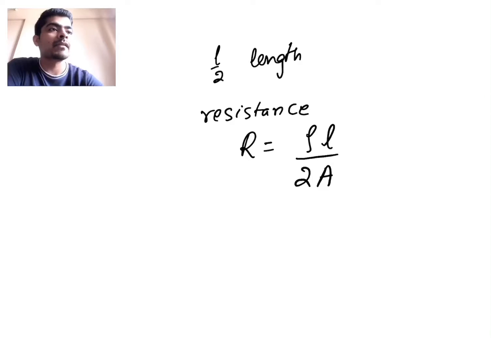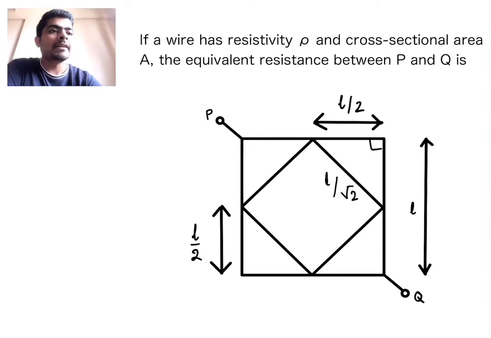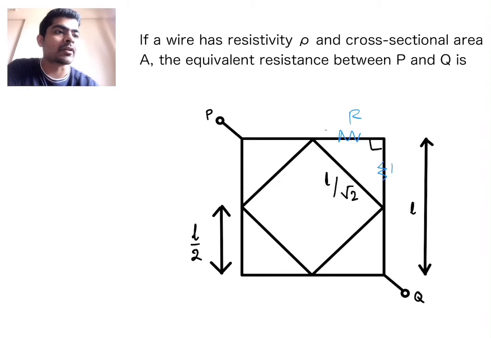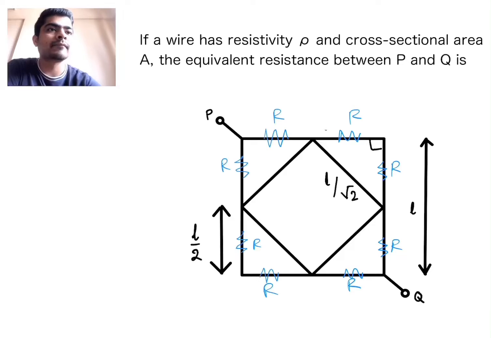Then I can remove this part of the length and replace it with resistor R. So here I got resistance R, here also R, here also R, this is R, and this way I found all the resistors R.